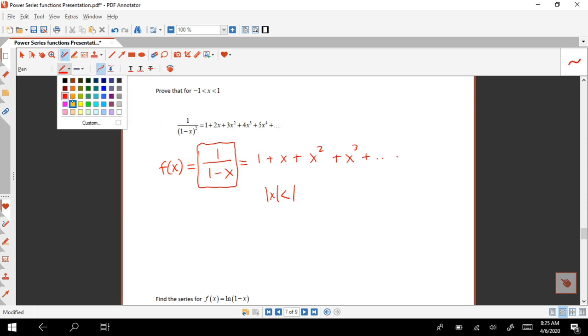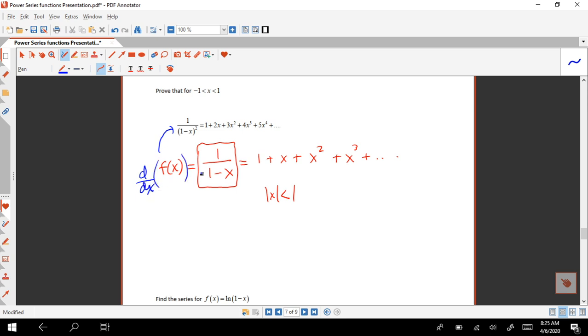Really, it would be much easier if we could recognize that this function, this 1 over 1 minus x squared, is actually the derivative of this particular f of x, right?